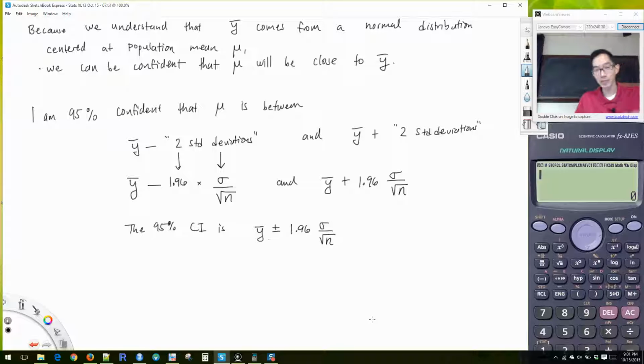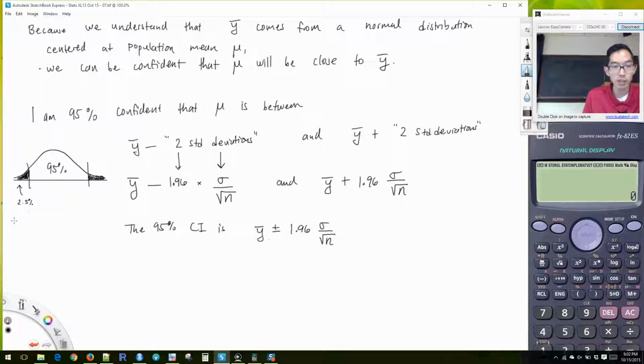The 1.96 comes from when I look at the normal distribution. If I said I want to shade 95% in the middle, how much will I have shaded over here? And how much will I have shaded over here? Or on the outside, I would have 2.5% on each tail, right?